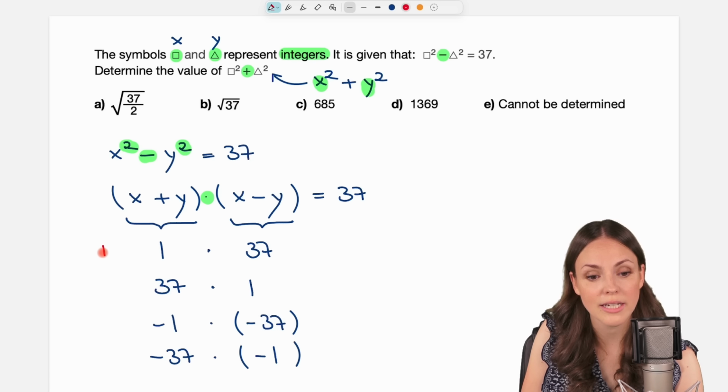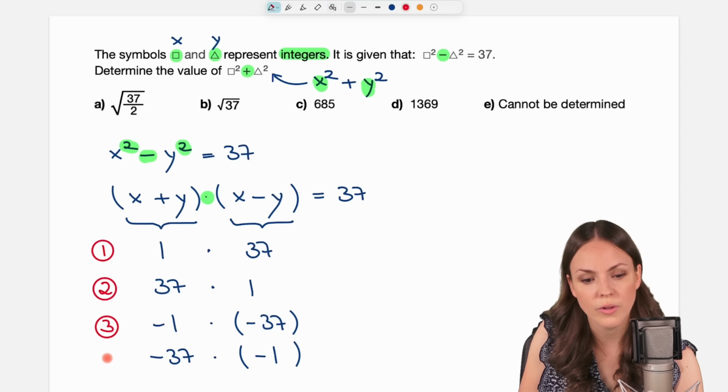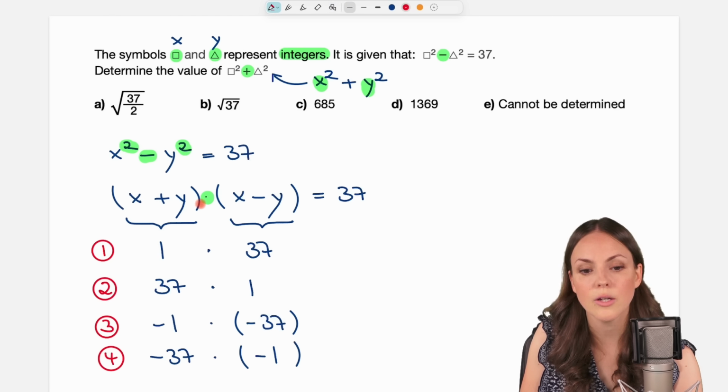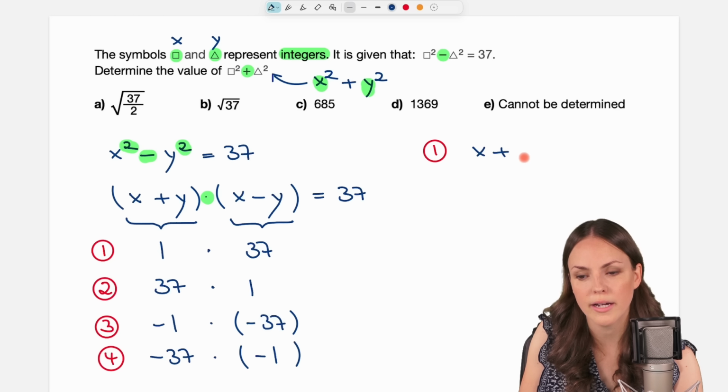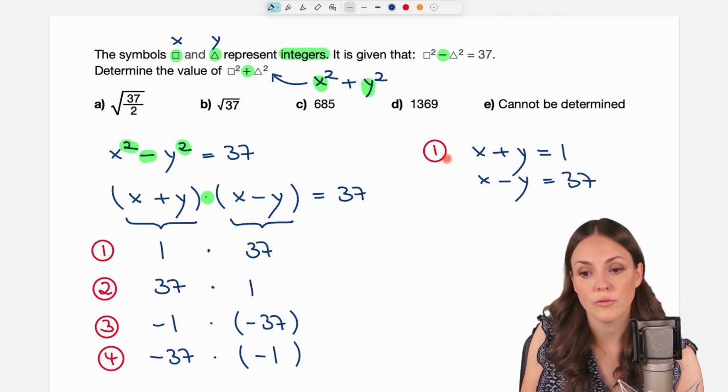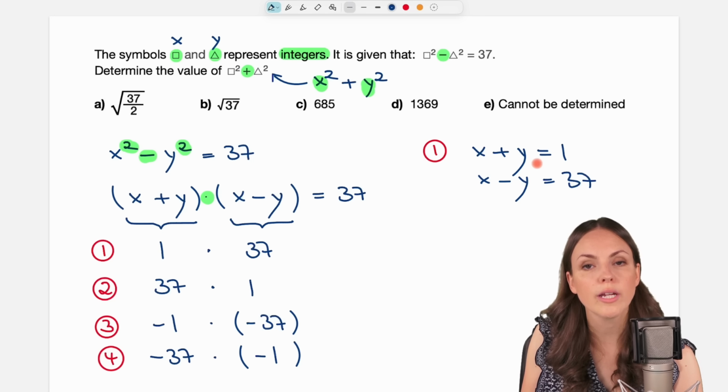These are all the possibilities we have to multiply two integers and get a result of 37. And we have to take a look at these 4 cases now to find our solutions for x and y. So the first case is that my first number, x plus y, is equal to 1, and my second number, x minus y, is equal to 37. The first case gives me a system of two equations with two variables, so we can solve it for x and y.